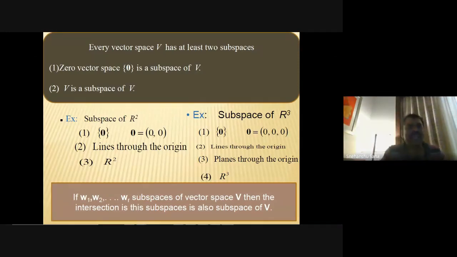Every vector space is actually a subspace of itself, but such subspaces are called improper subspaces.